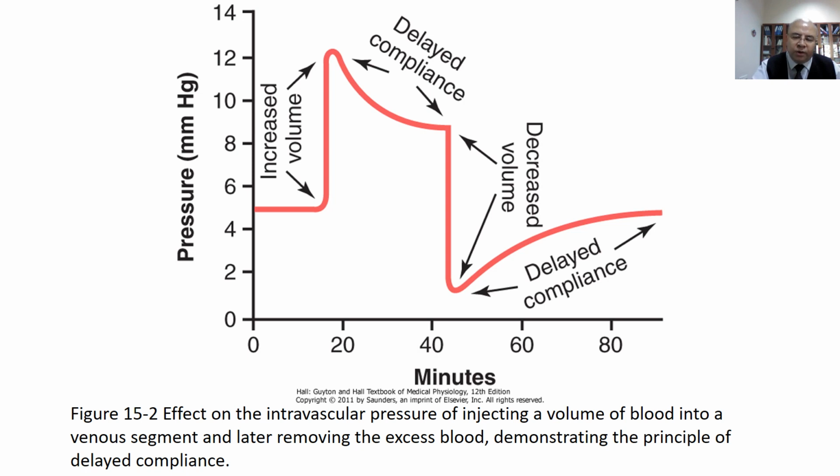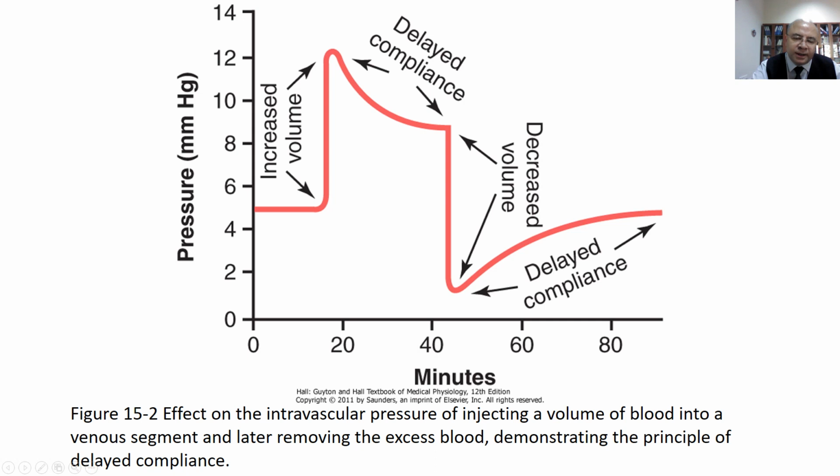So in this figure, you see that when we infuse fluid, for example, when we transfuse 100 milliliter of blood to a person or to an animal, the blood pressure goes up quickly, as you see. What happens then?